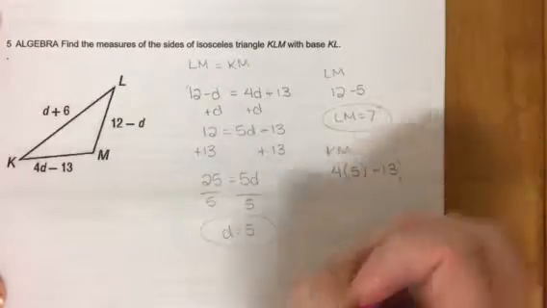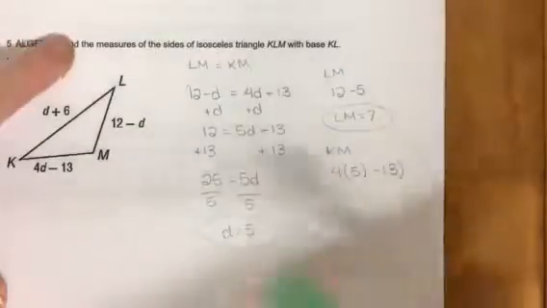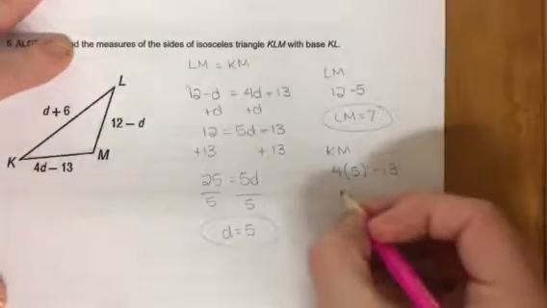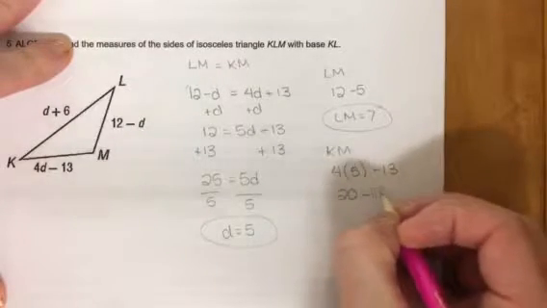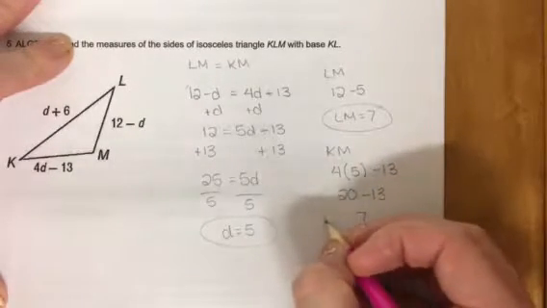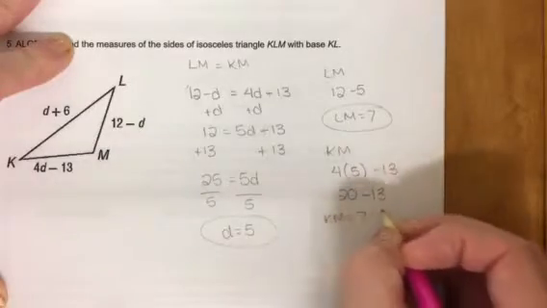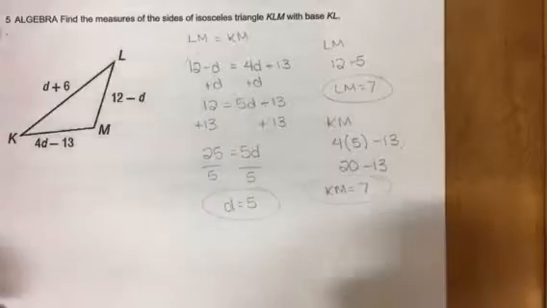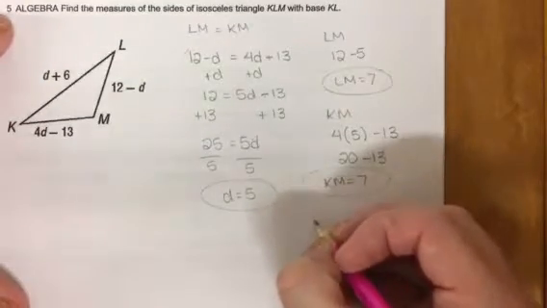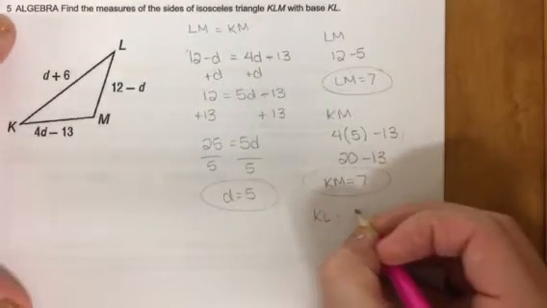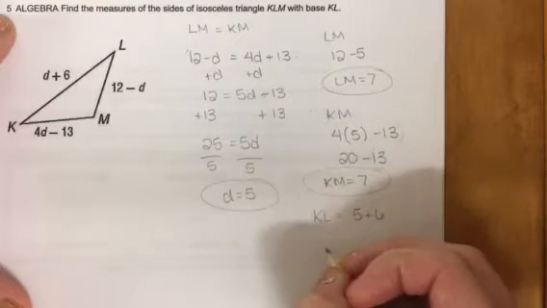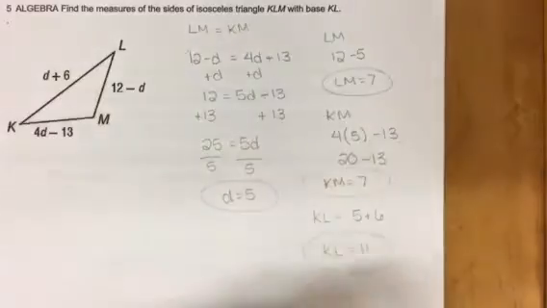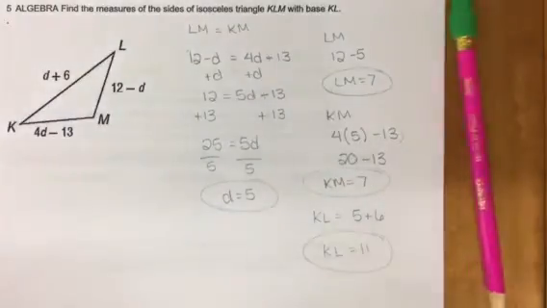So we're just plugging 5 in for the D. Okay, and I get 20 minus 13. So that one is 7. They are isosceles. These sides should be equal, so we could have just figured that they would both be 7, but I'm proving to you that that does work. And then the last side, KL, is just going to be 5 plus 6. So KL equals 11. And we have found all three sides of our isosceles triangle.